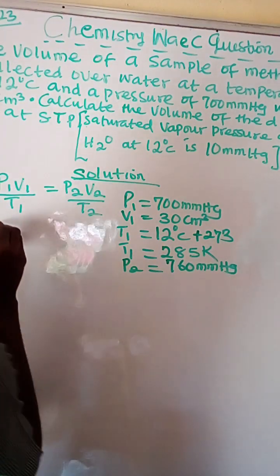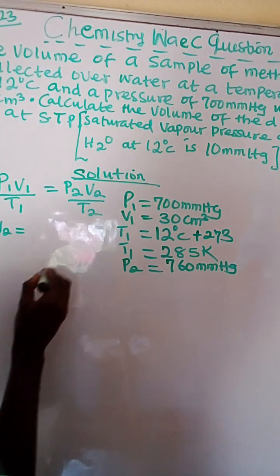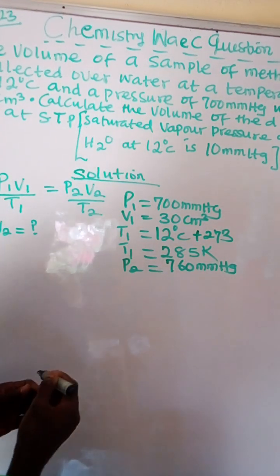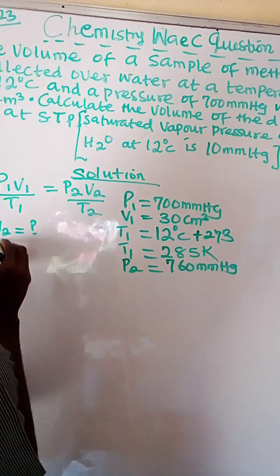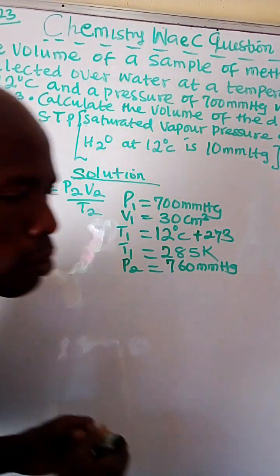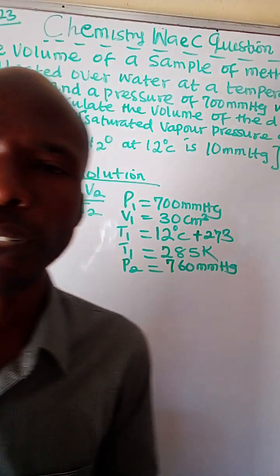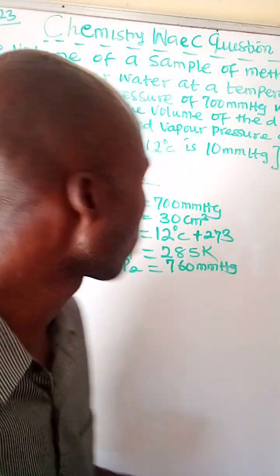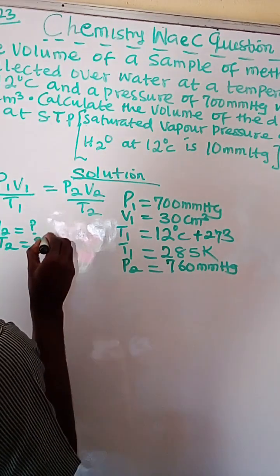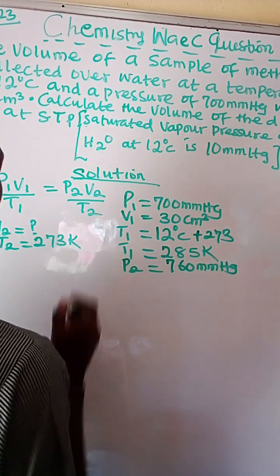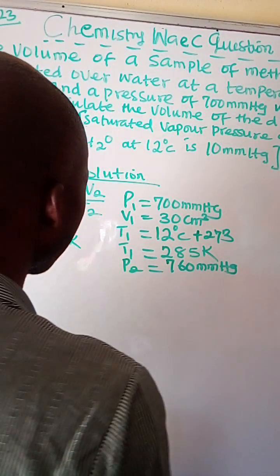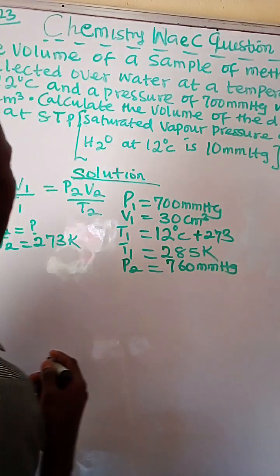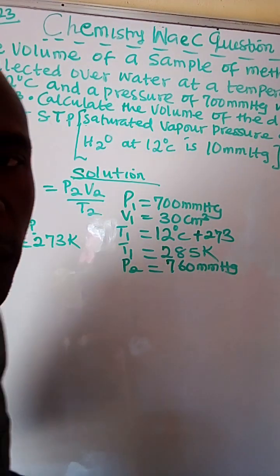So V2 is not known. Now, T2 is a standard temperature, and it is always given to be 273 Kelvin. Now, what are we looking for? We are looking for the final volume, that is V2.